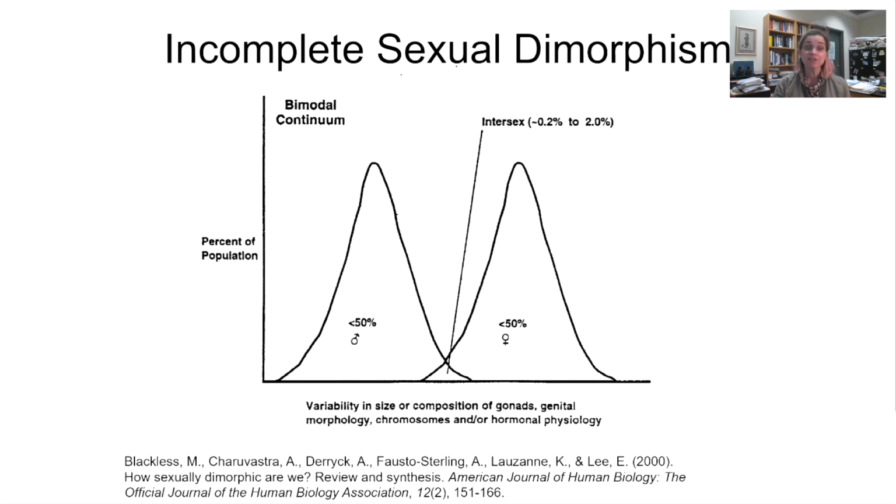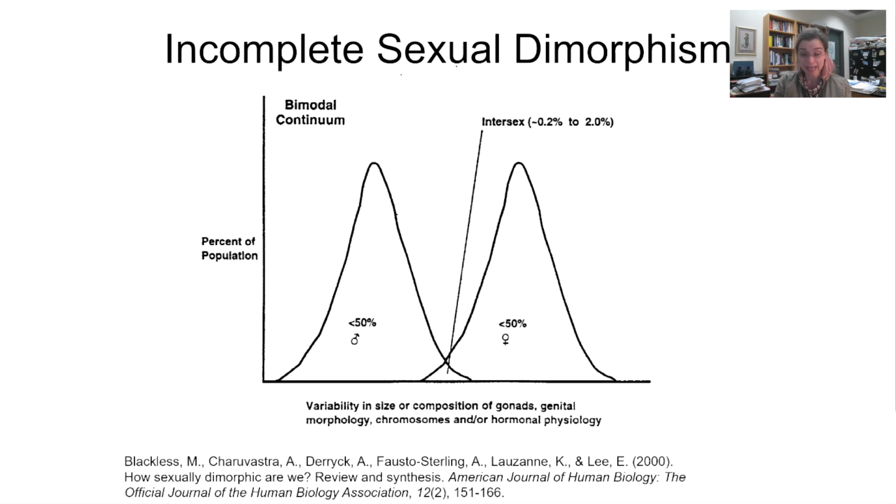So you've seen this graph before, thinking about sexual dimorphism and how variation in the size or composition of gonads, genital morphology, chromosomes, and or hormonal physiology leads to this overlap in male and female.